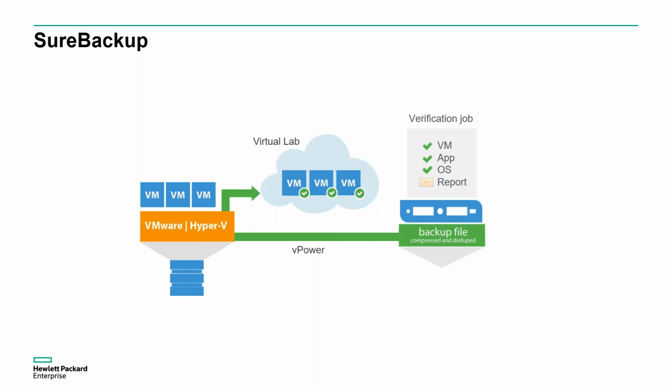We would then look at the operating system for that ping, and then really where the value is, we can prove that the application is in fact functional. So we can do a GET from an HTTP server, pull some table data from SQL, whatever gives you that green light of service, we can test for. So it really does give you 100% guarantee of recovery. And then we drop you an email, and then we move on to the next workload that we wish to test.